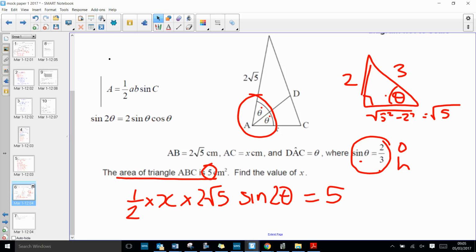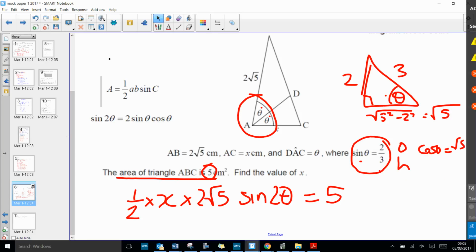And we can leave it as root 5. So that means that the cosine of theta is root 5 over 3. Okay, so sine theta is 2 over 3 and cosine theta is root 5 over 3.